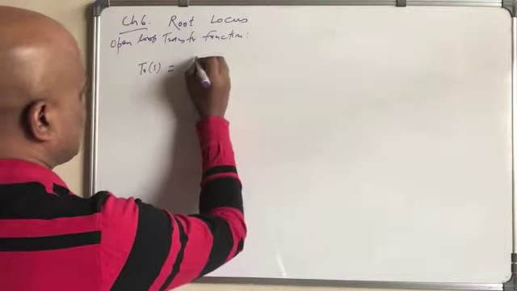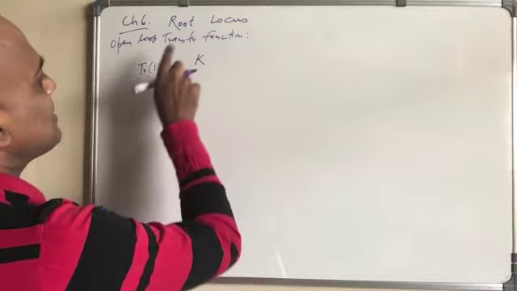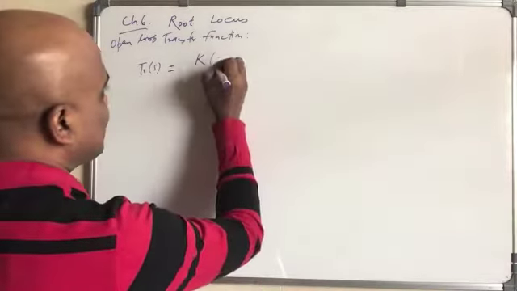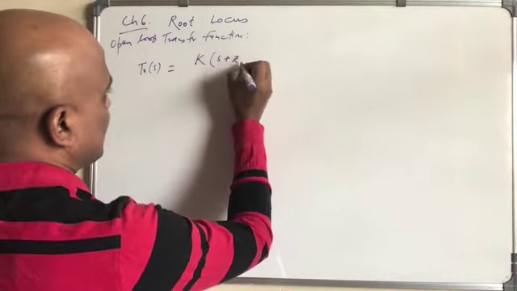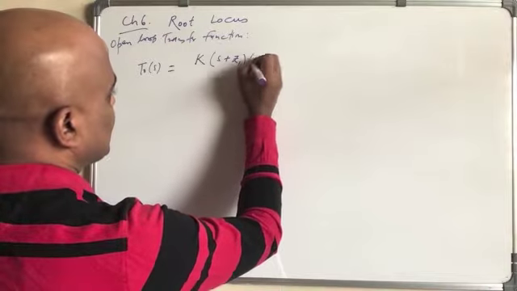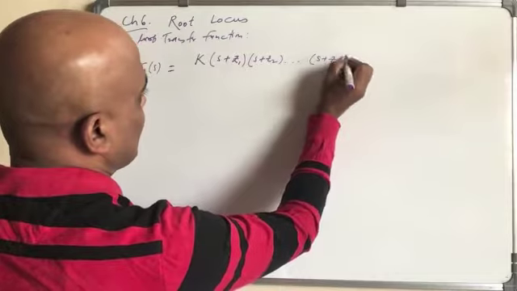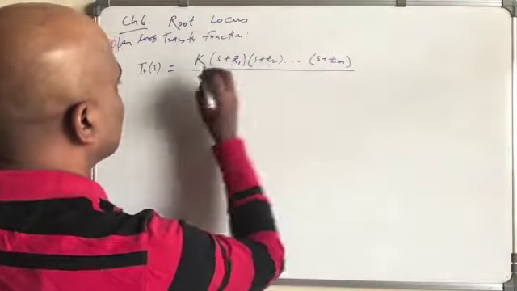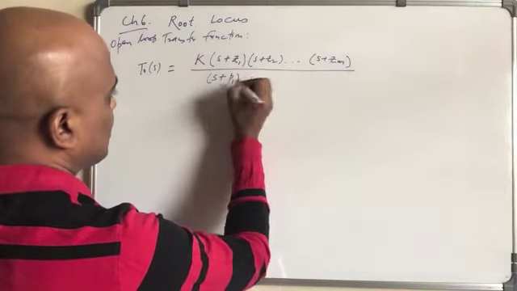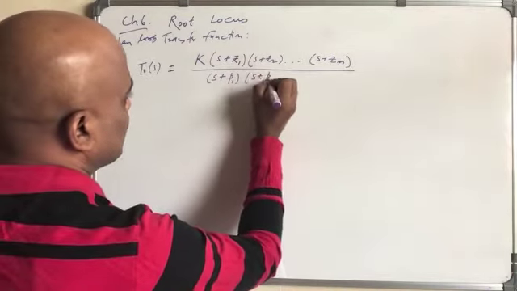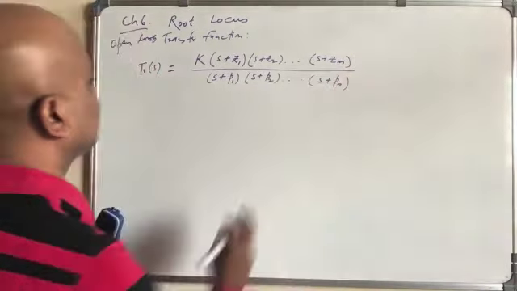As I mentioned yesterday, any open loop transfer function can be written as (S plus Z1)(S plus Z2) to (S plus Zm), divided by (S plus P1)(S plus P2) till (S plus Pn).